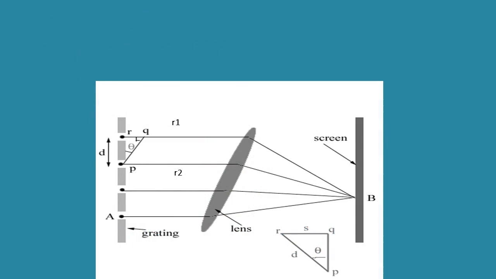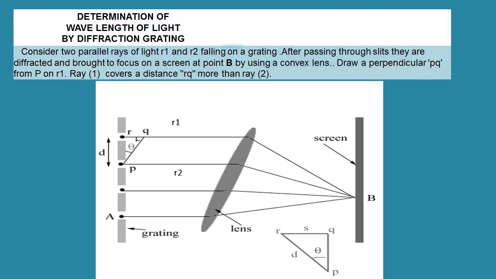Now we can use the diffraction phenomenon for the determination of the wavelength of light by using a diffraction grating. Consider two parallel rays of light R1 and R2 falling on a grating as shown in the diagram. After passing through slits, they are diffracted and brought to focus on a screen at point B, by using a convex lens.